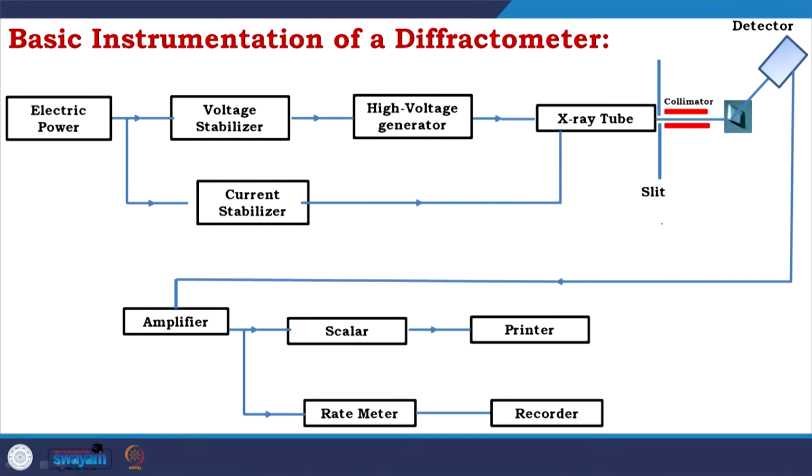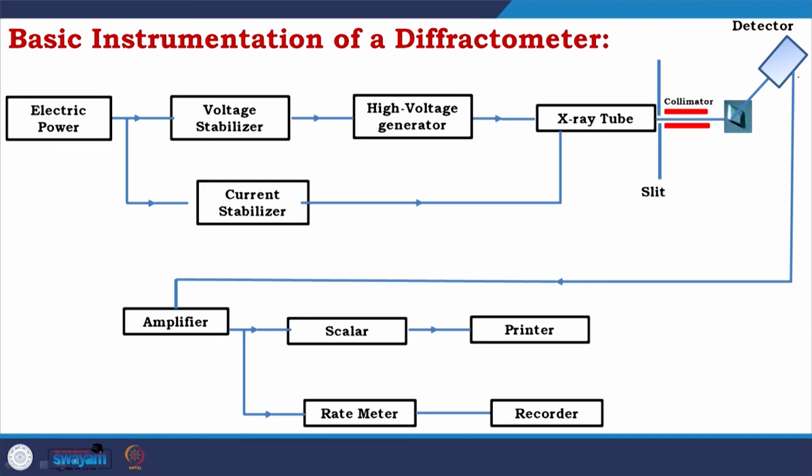Then it goes through the slit and the collimator, which will align it, and then it hits the crystal and the detector detects it. That is the basic setup, but in addition you have to get the signal. So, you have the amplifier, scaler, printer, rate meter and recorder, which are the secondary devices that record the data.